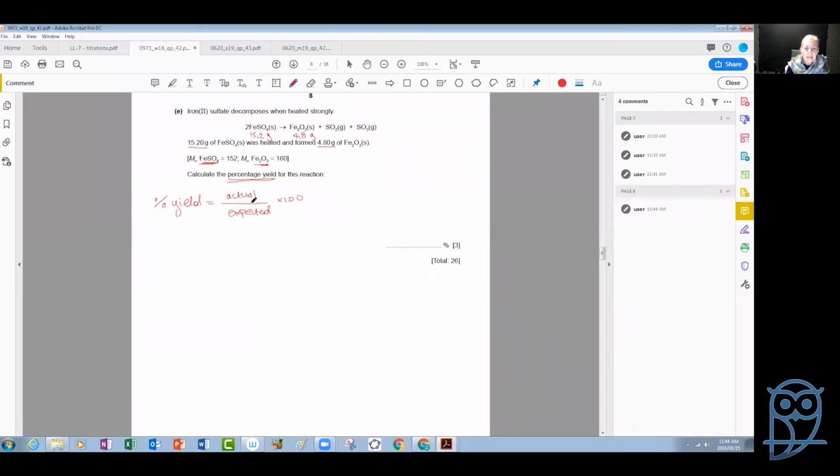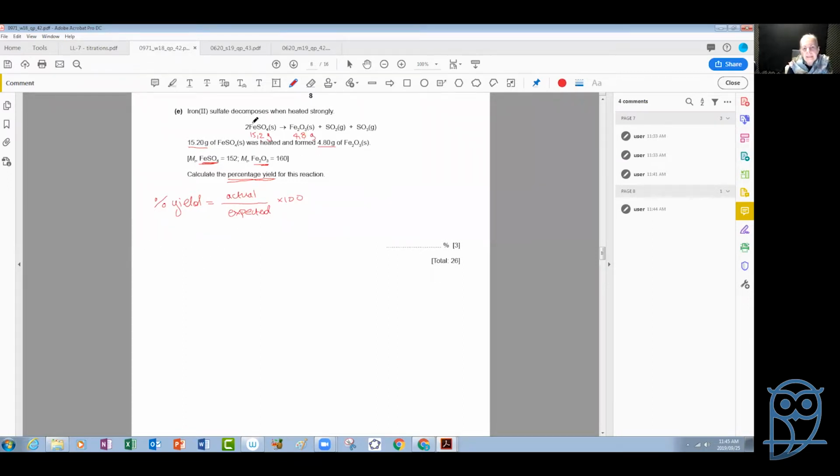So we are given the actual mass of the iron oxide. But in theory now, let us see, if 15,2 grams of iron sulfate decomposes, what is the expected quantity of iron oxide that should be formed? So let us find that doing some calculations here.